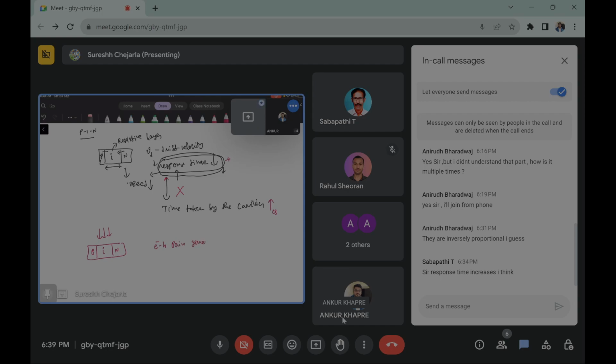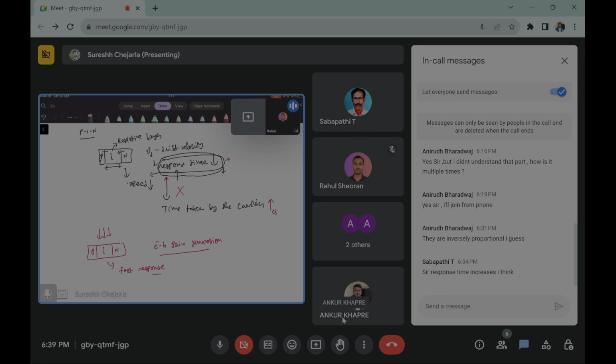The time taken for this generation, if it is in very little time, if it can convert the light into the electrical signal, you will get a very fast response, right?